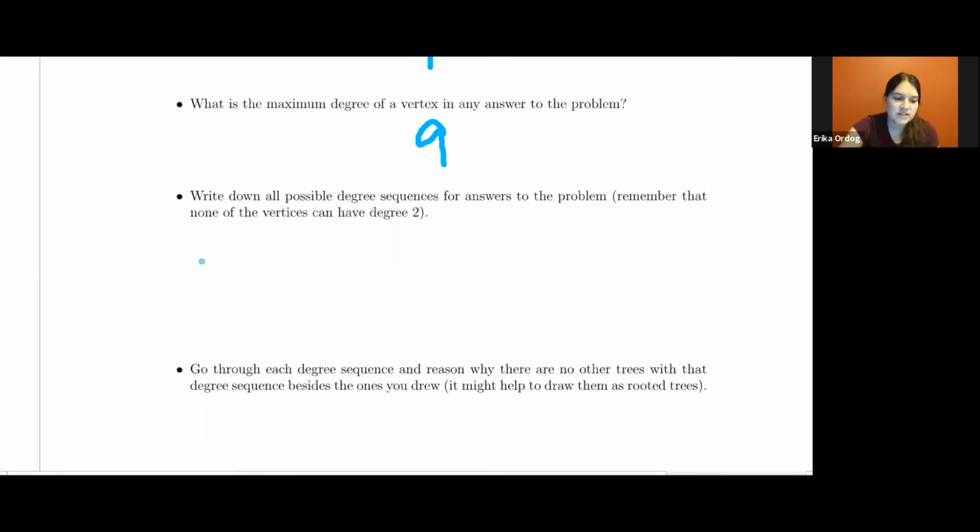So we want a degree sequence, so we want to write down all 10 degrees of the vertices, where the maximum degree of a vertex is here, the minimum degree is here, and this sequence is non-increasing. Okay, so let's start with the maximum possible degree of any vertex, which is 9.